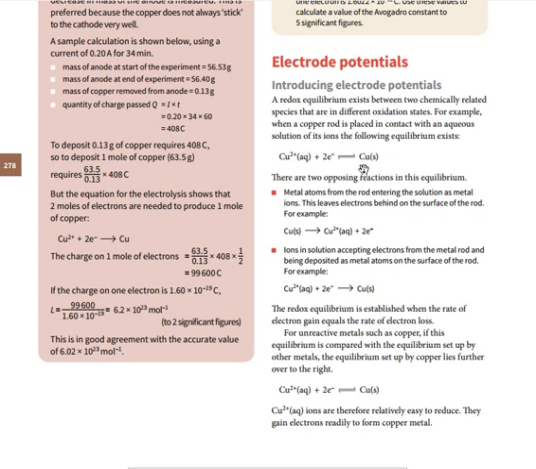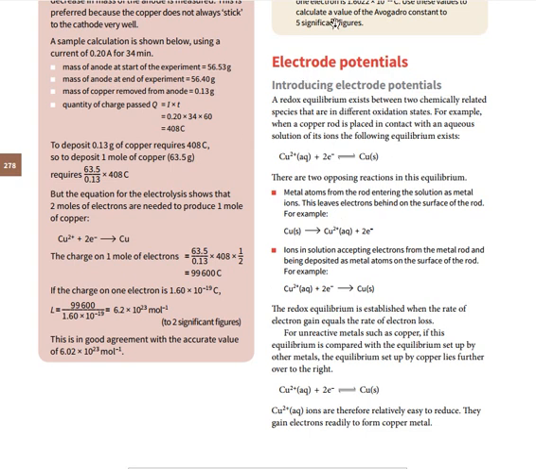You need to know that this is a redox equilibrium. A redox equilibrium is an equilibrium that exists between the oxidized and the reduced form of a certain element or species.